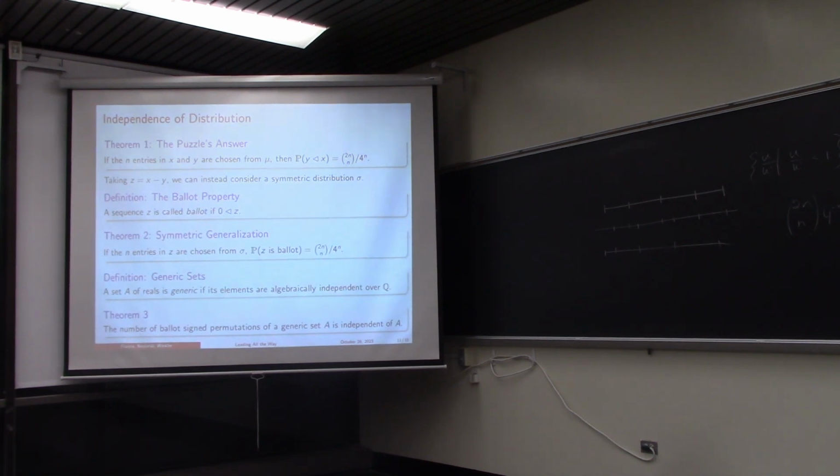The first thing that I would do is open my computer and program something that I can tell the distribution, and it would tell me the answer, and see what the answer is, and that's what I did. And then if you get something nice and you change the distribution and you get the same thing, that's when you start thinking, there's something going on here. So not every question relies on the underlying distribution that you choose.